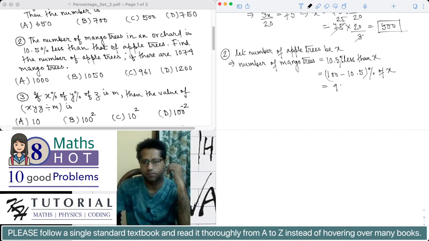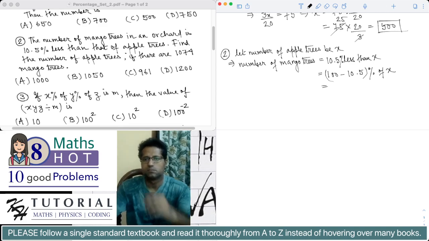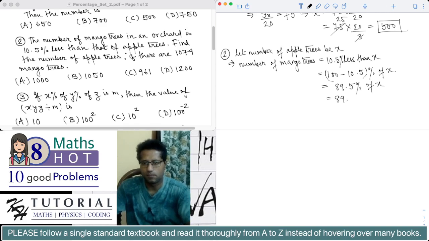Now 100 minus 10.5 is 89.5. So this is 89.5% of x, which equals 89.5 divided by 100 multiplied by x.